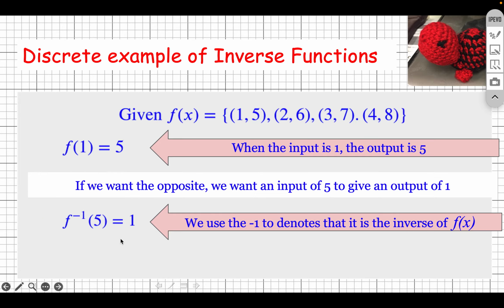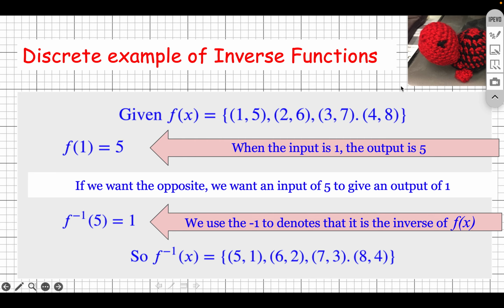So going with this idea, f inverse would be just switching the x's and the y's. 5, 1, 6, 2, 7, 3, 8, 4. So that my inputs are 5, 6, 7, 8, and my outputs are 1, 2, 3, and 4. That would be a way to get an inverse function.